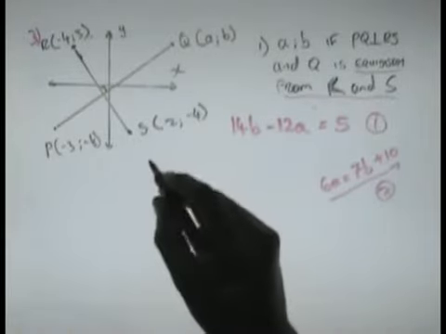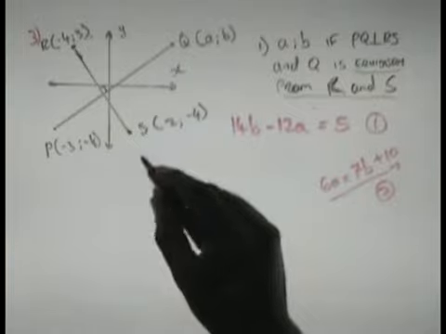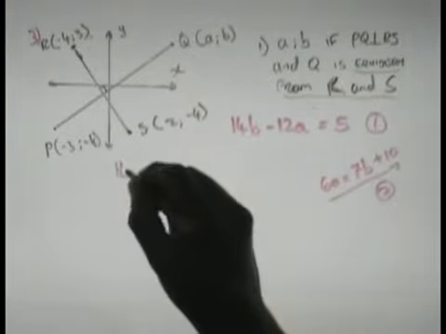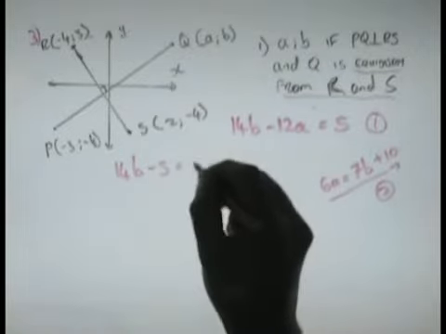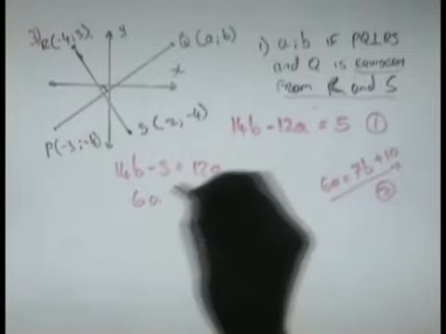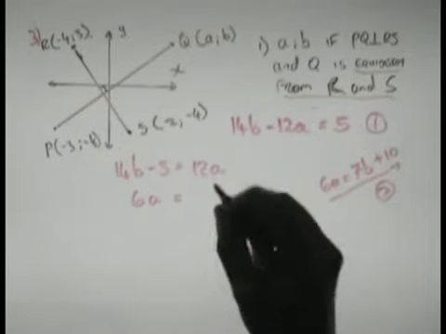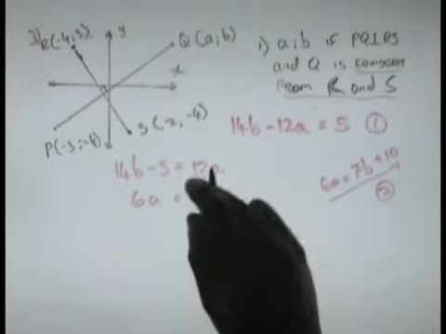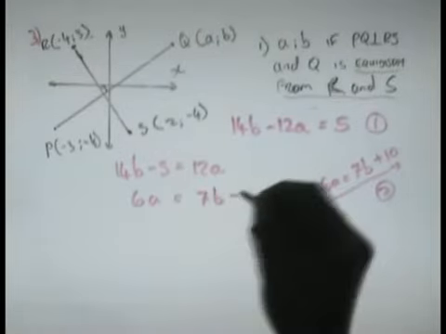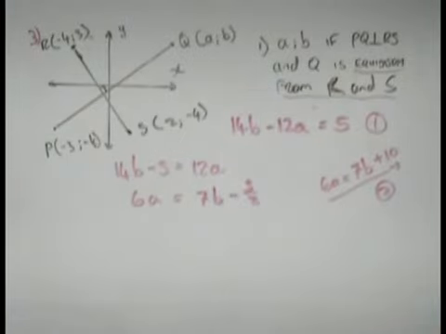Let's convert the other one. Take the 12a across and the 5 across to the other side. That means that 14b minus 5 is equal to positive 12a. Swap it around and divide by 2. That means that 6a is equal to 14 divided by 2, which is 7b, minus 5 over 2.